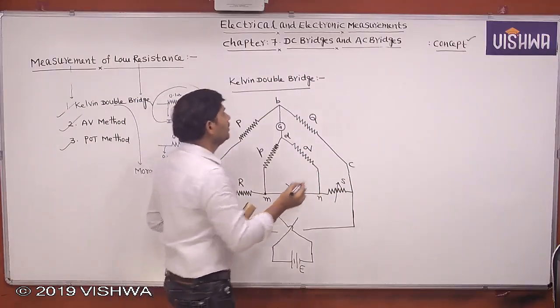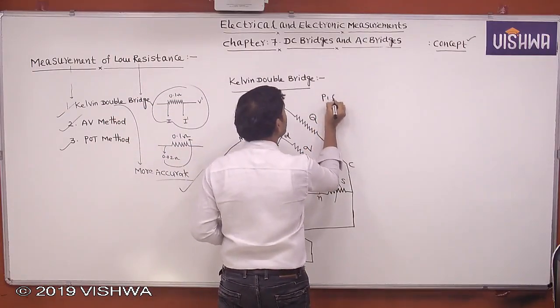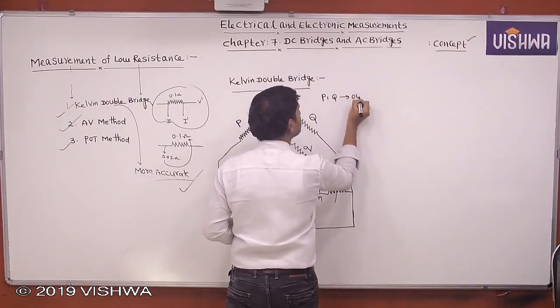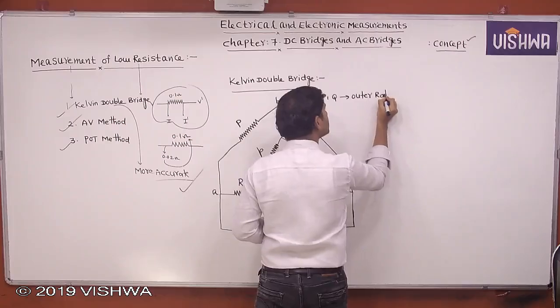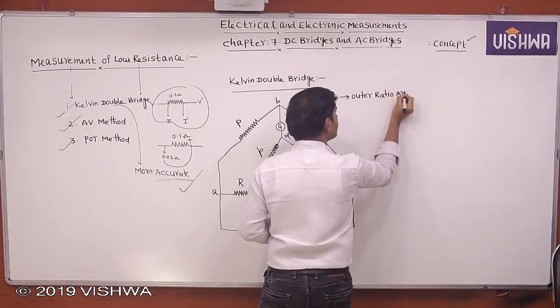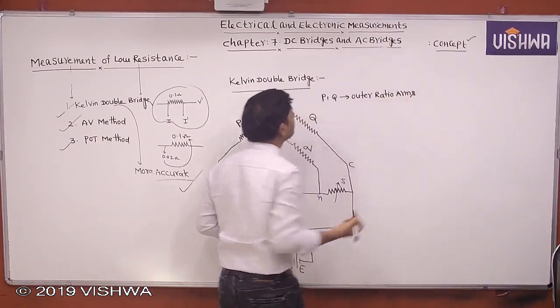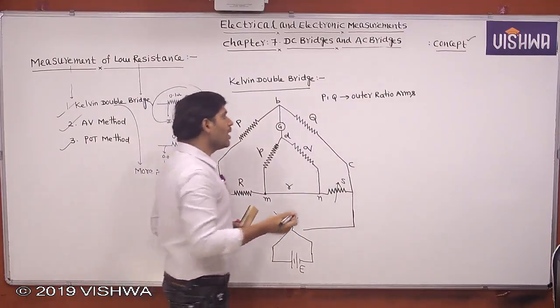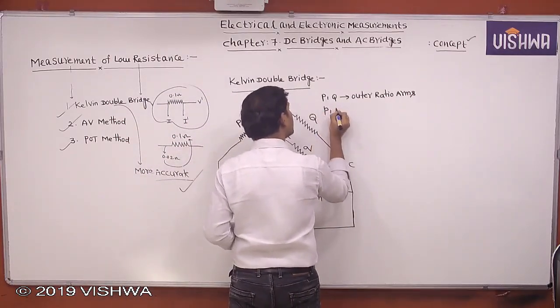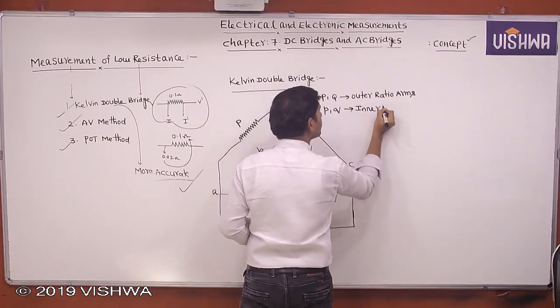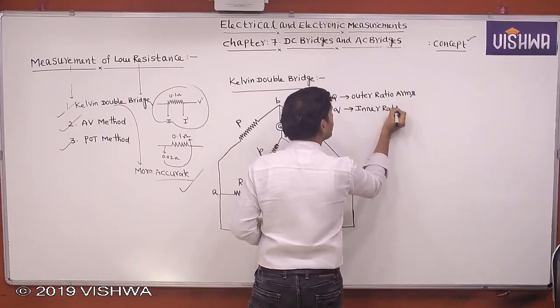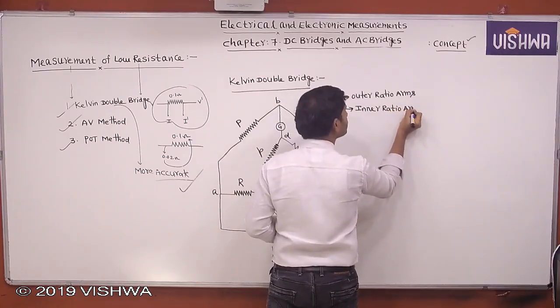Capital P, capital Q are the outer ratio arms, outer ratio arm resistances. Small p and small q are the inner ratio arms.